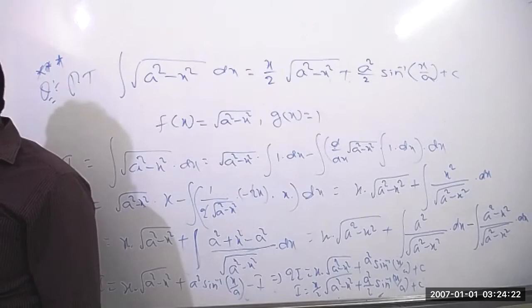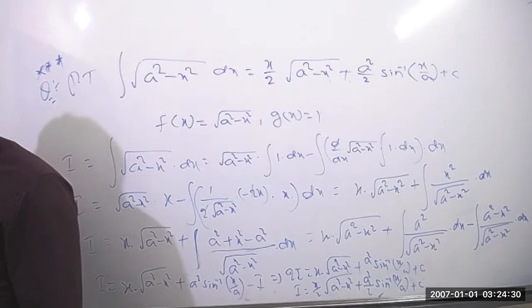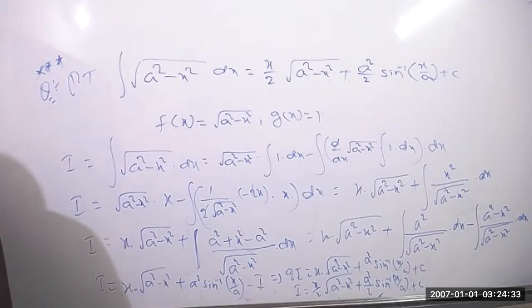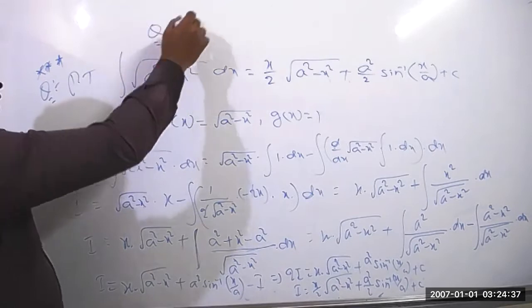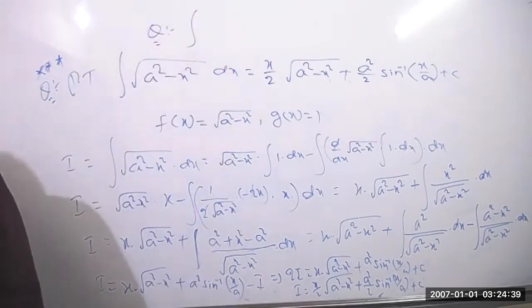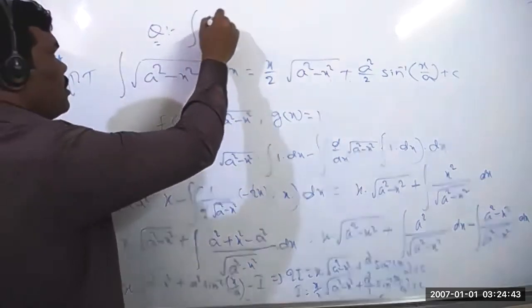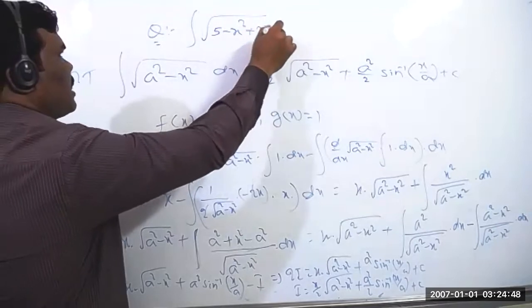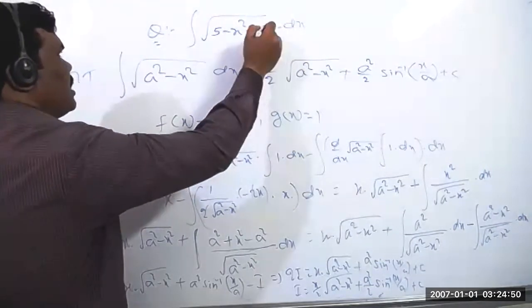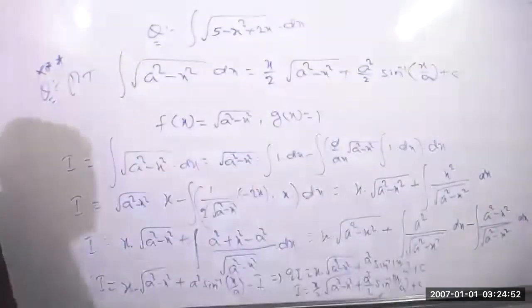After coming, once remind me, I'll give the question. Find the integration of root of 5 minus x square plus 2x into dx.